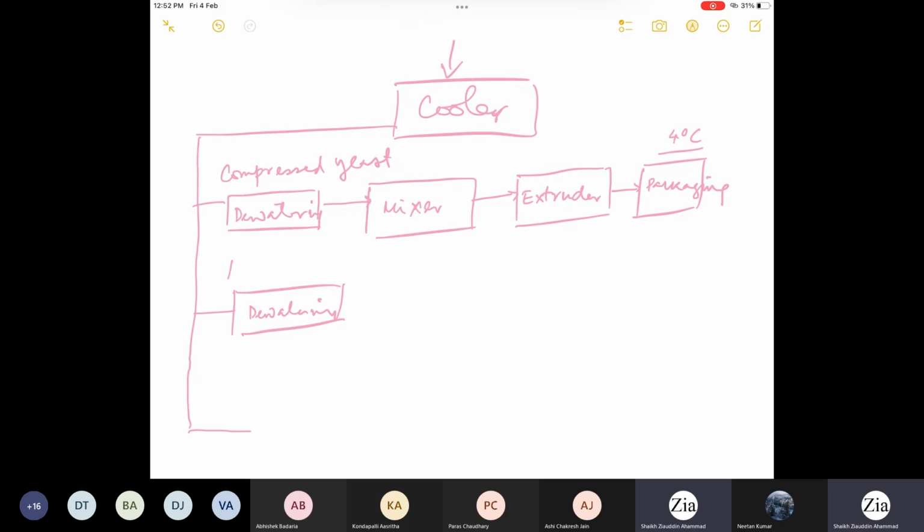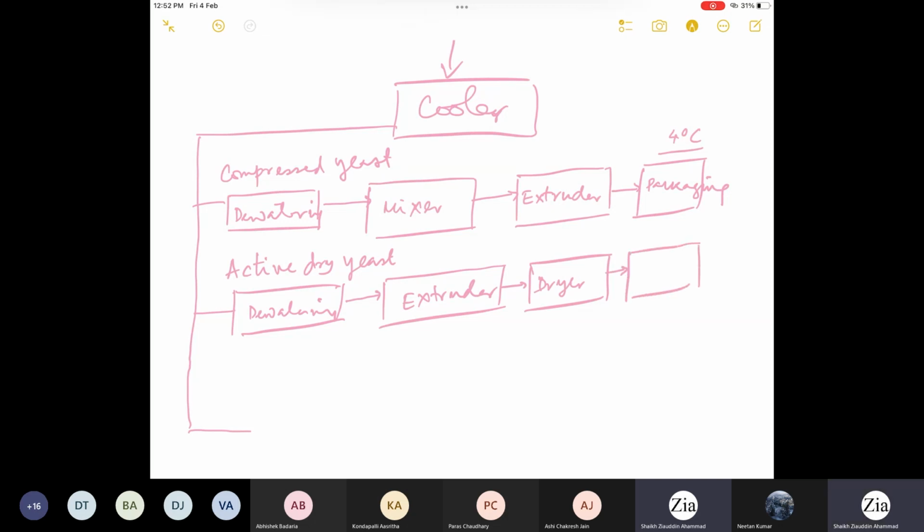So in all processes, you will have dewatering. When you try to get active dry yeast, you get dewatering, and then you have the same extruder. Then you have one more drying operation, and then the final dried material will be sent for packaging.